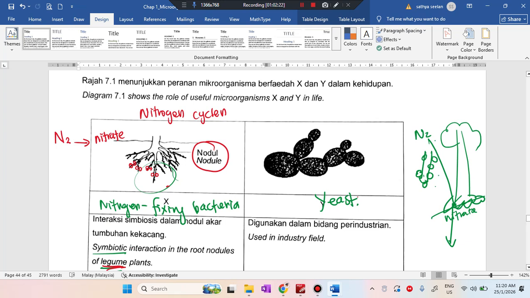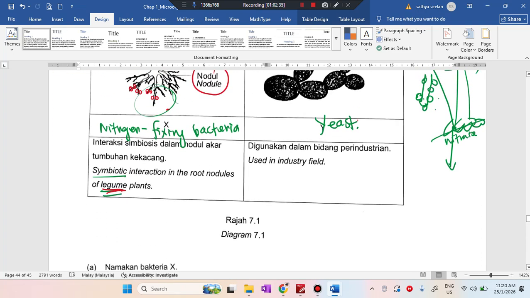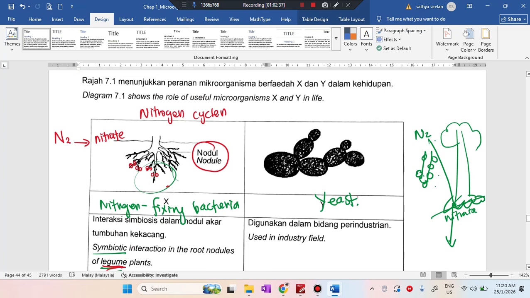Okay, and then yeast we use in the industry field, like producing ketchup, producing some bread. So now the question is, name the bacteria X. This is what we call nitrogen fixing bacteria. Although you don't know now, eventually you learn in chapter 2.